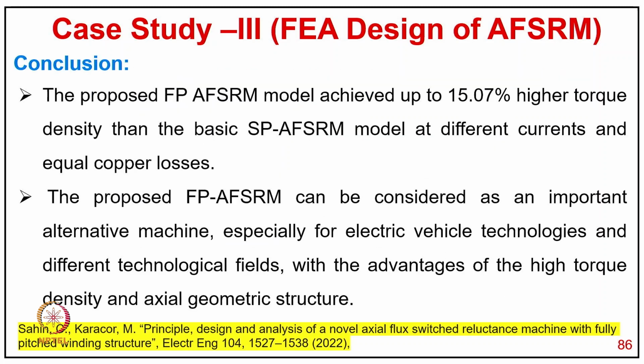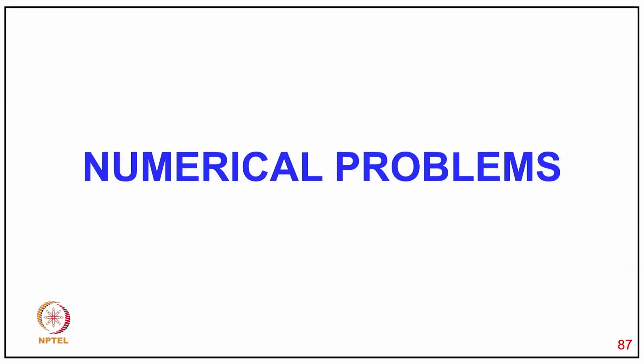So coming to the conclusion, the proposed full pitch axial flux model achieves up to 15.7% higher torque density than the basic short pitch axial flux reluctance motor model at different currents and equal copper losses, and the proposed full pitch axial flux reluctance motor can be considered as an important alternative machine, especially for electric vehicle technology and different technological fields, with the advantage of higher torque density and axial geometrical structure.